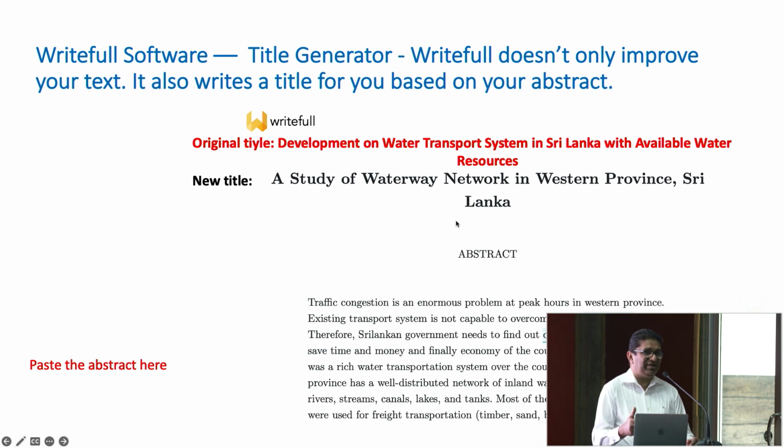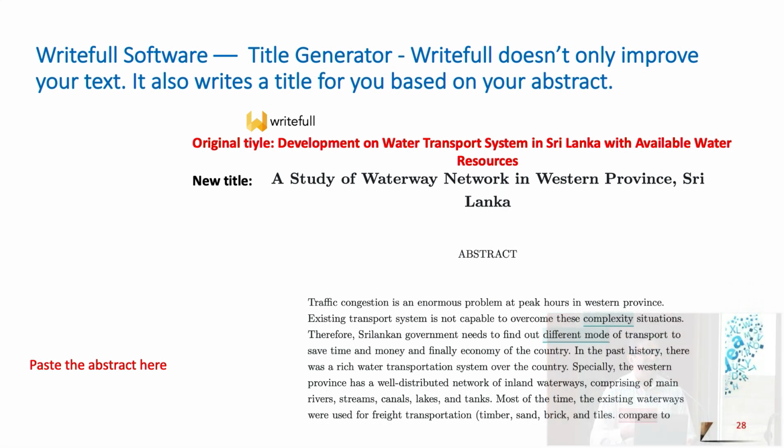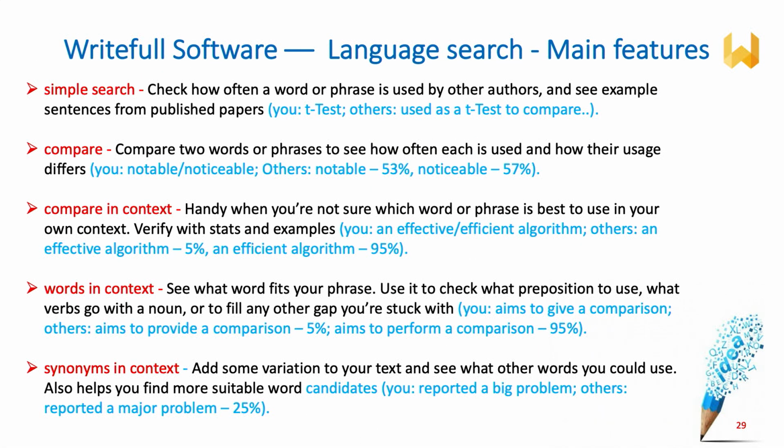I'm not asking you to blindly accept what it gives, but it can give you better terminologies or a better title. Sometimes if you feel that your title is the best, you can leave it as it is. No problem as well. But why not give it a try and see another title, so that you can compare with your original. Right? It takes only a couple of seconds. So within a couple of seconds, you can find it easily.